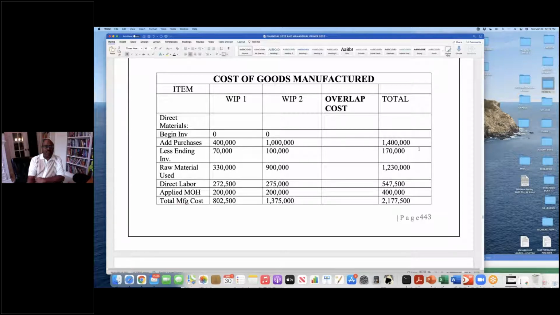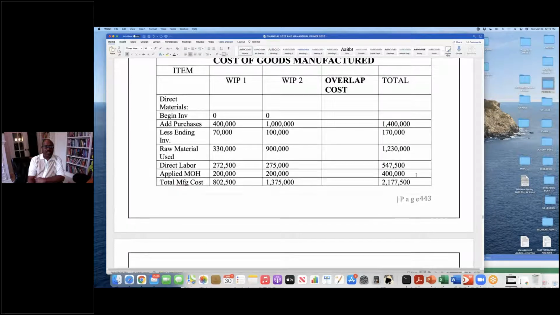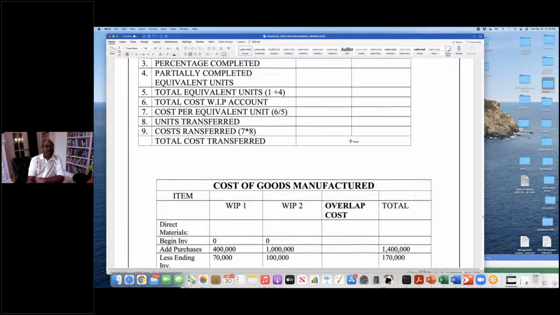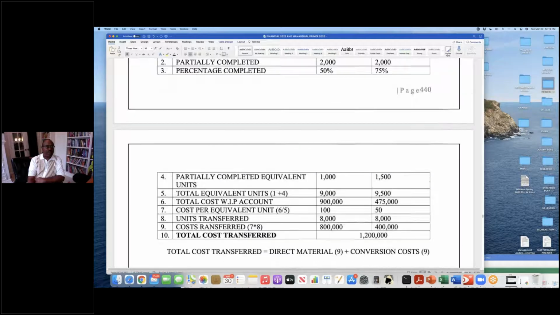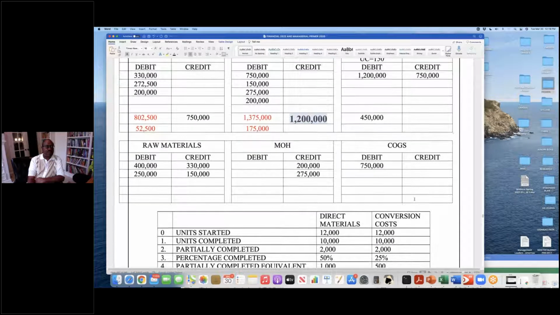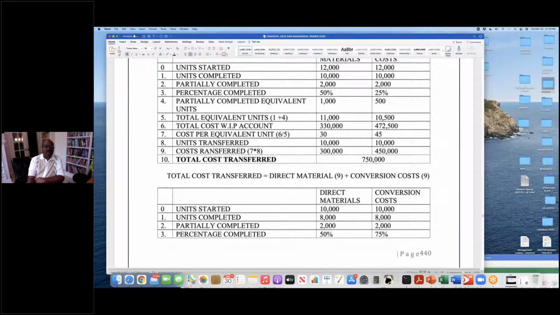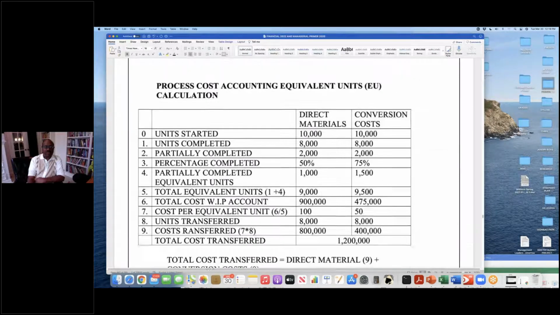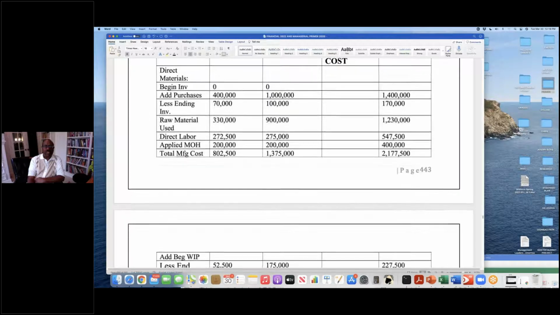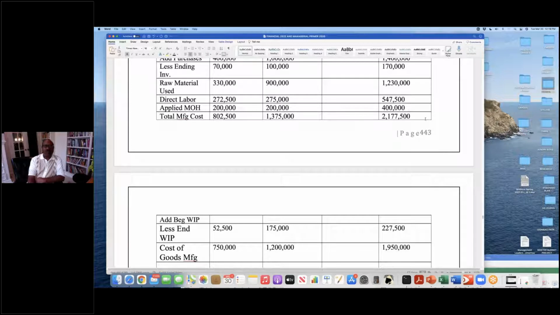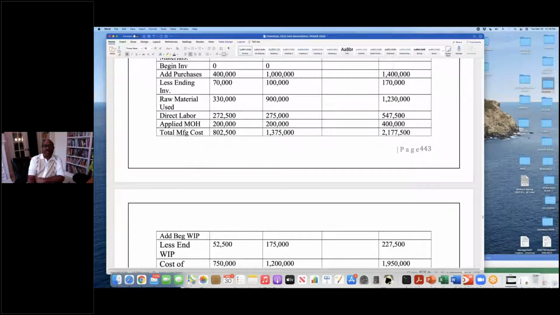Purchases were 1 million 470, 230. Direct labor. Overhead. 200. $30.